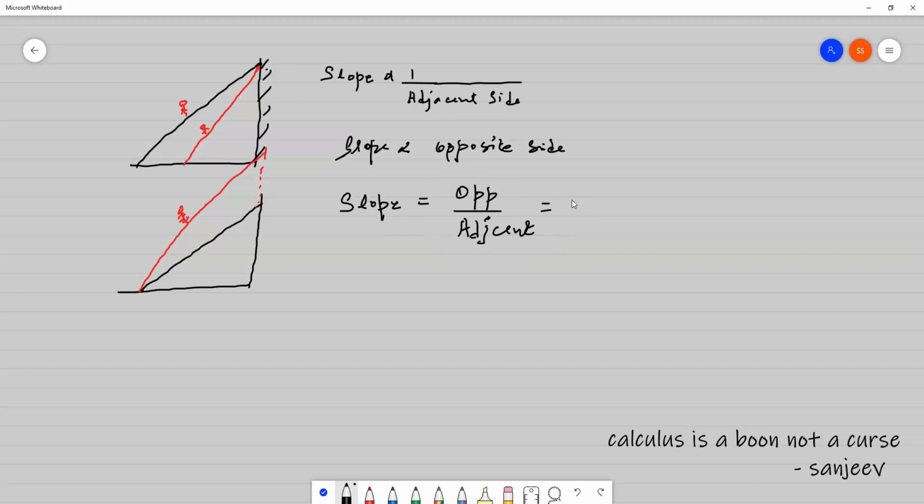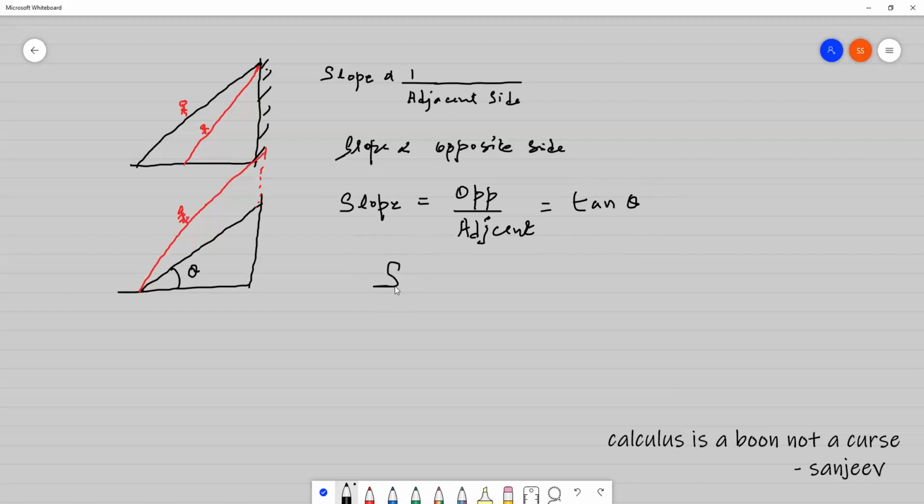Where theta is the angle with the horizontal. Theta is this angle for this side. So slope is directly proportional to tan theta. Now we have written a formula to measure slope.